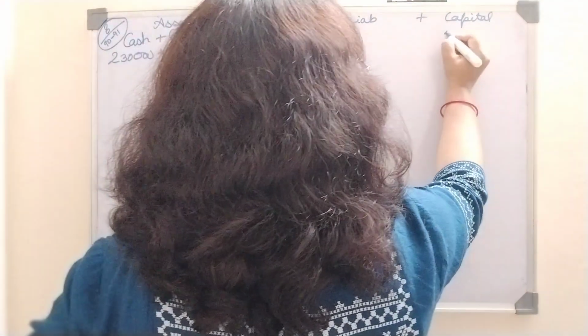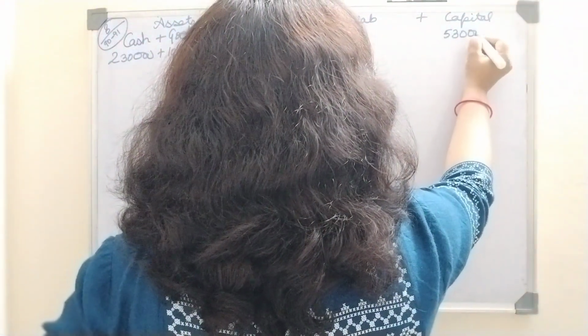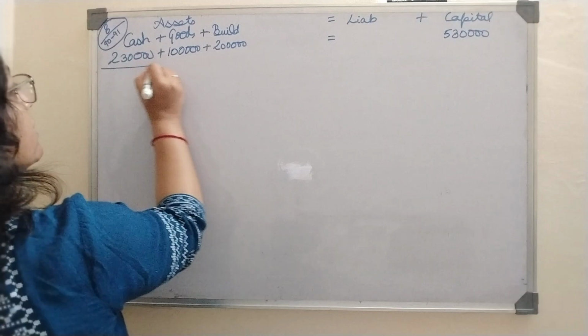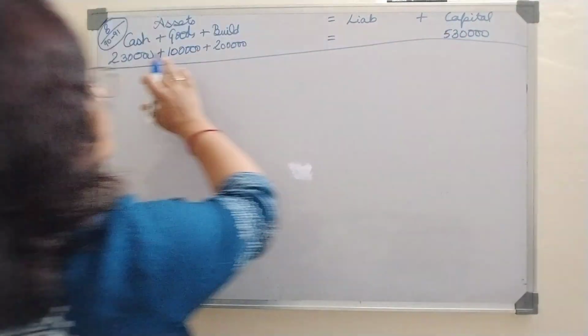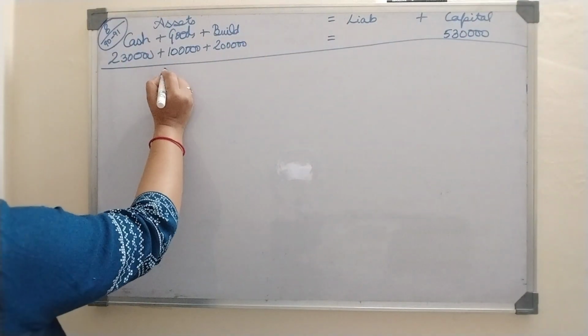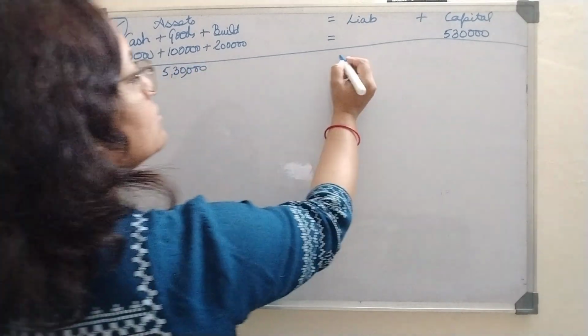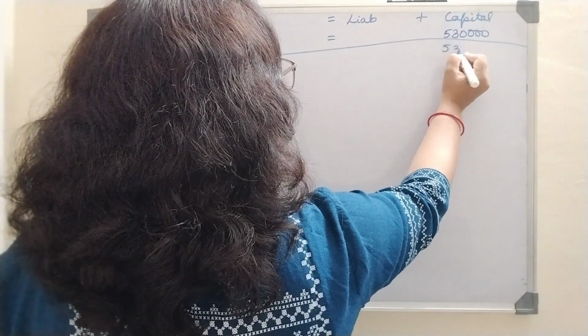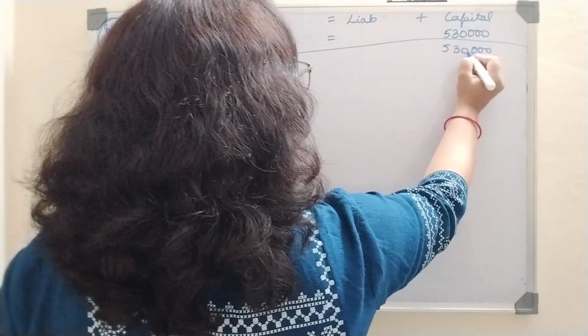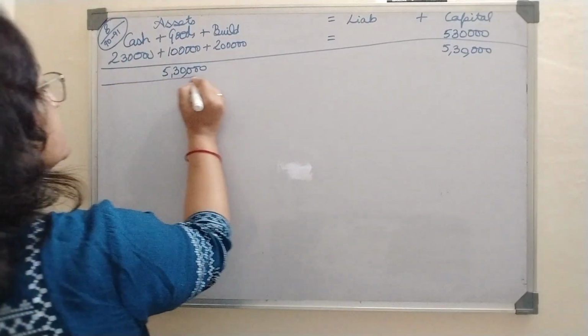The total is 5,30,000. This basically means if I am starting my business, I have brought with me these 3 things. That is my initial investment, and you all know initial investment is only my capital. So the total again is the same on LHS and RHS.